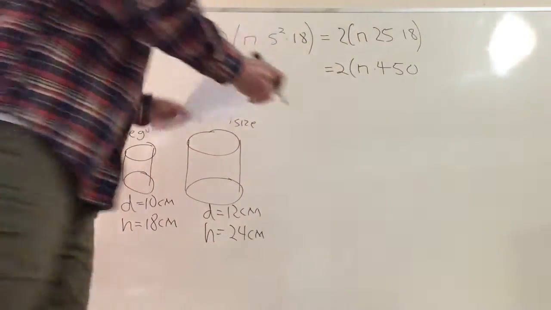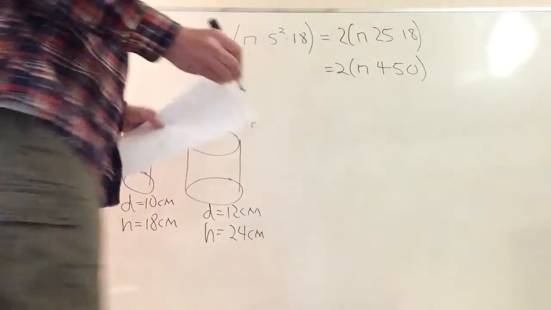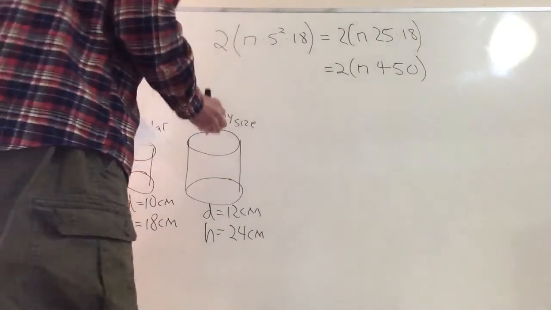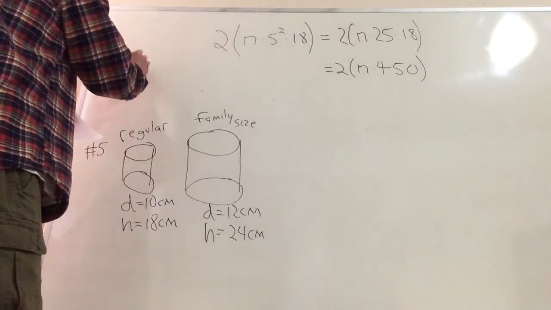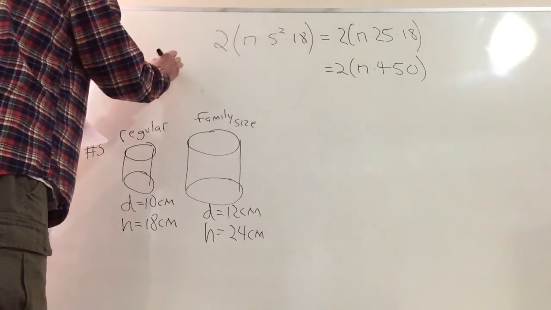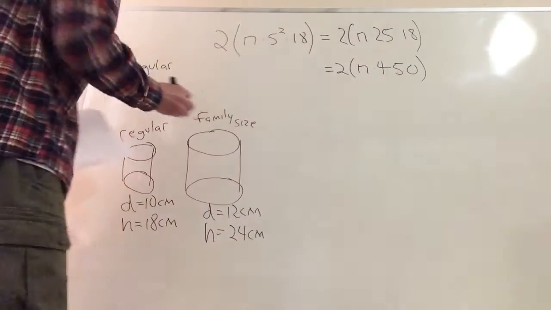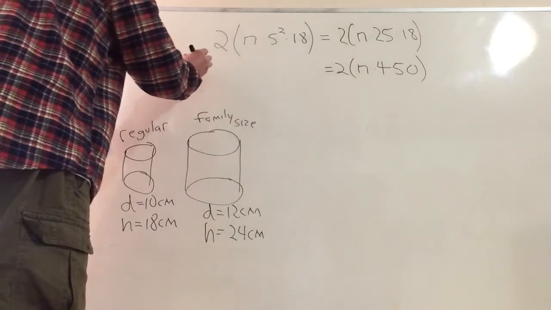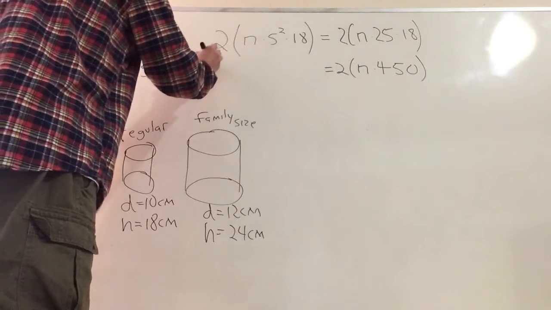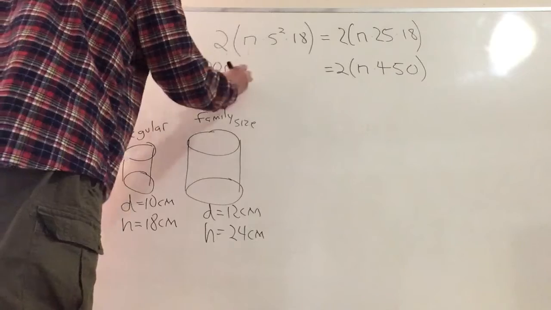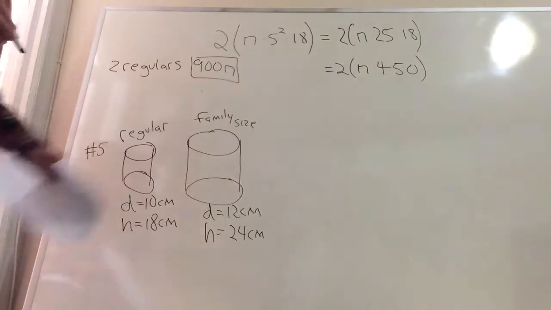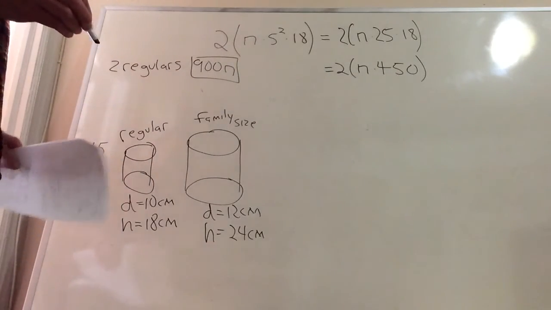What I mean to say is that 25 times 18 is 450. You can do that on a calculator. And so the 2 regulars, when you do the math here, is 2 times 450 is 900 pi.